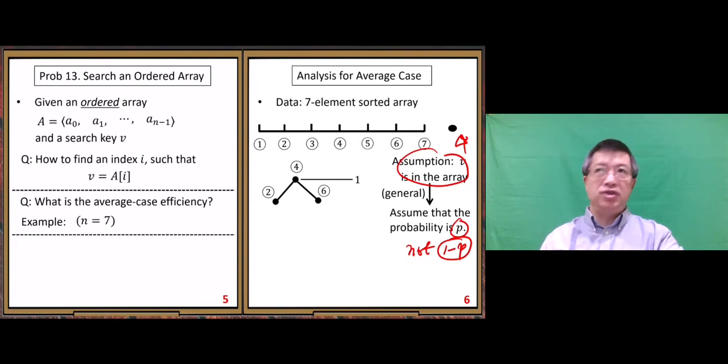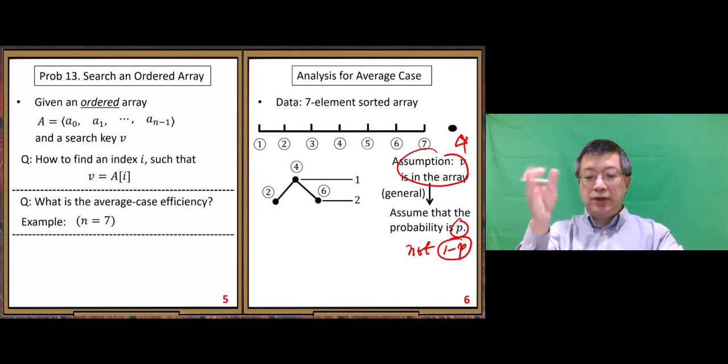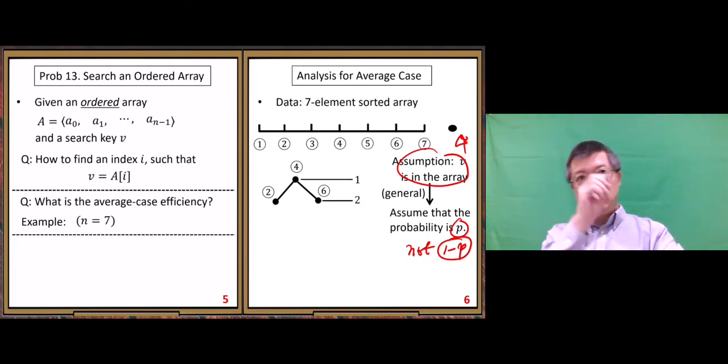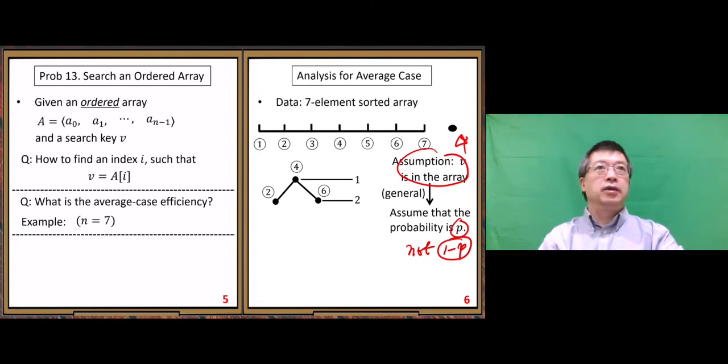If V equals element 2 or element 6, you need 2 comparisons. So we write the number 2 at the same level.